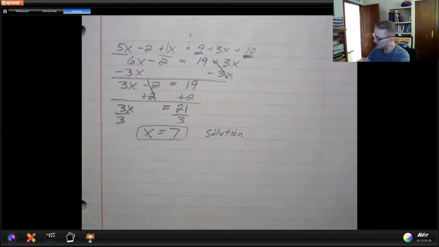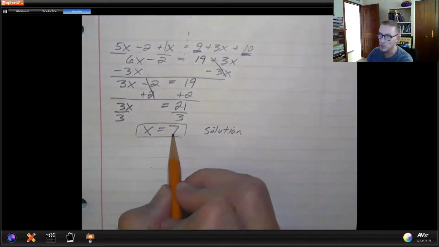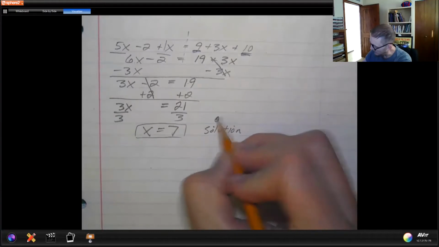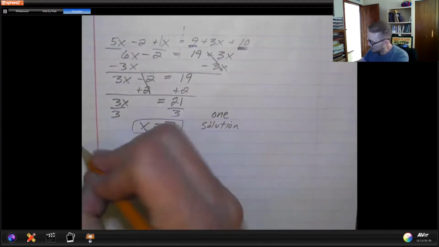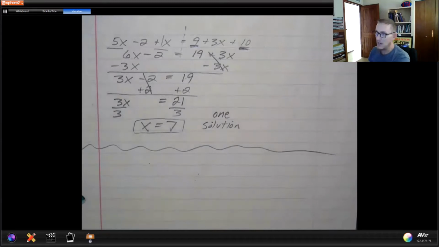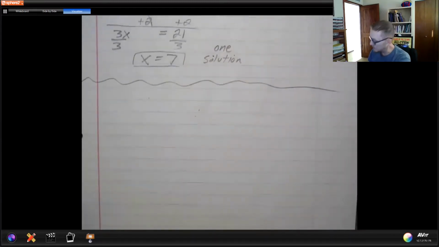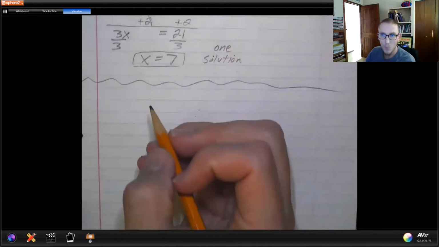So this particular problem has one solution, and I'm going to go ahead and put that in there as well. One solution, and that solution is 7. Now, the reason why I bring this up is because there are going to be occasions and equations, and that's what we're going to do today, where we don't have one solution.